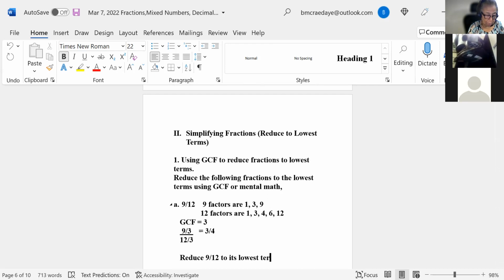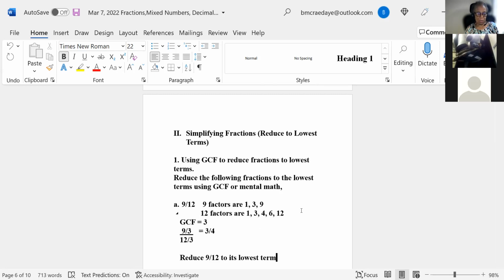Now, we could use the greatest common factor, but sometimes you don't really have to do that. I illustrated here that you could come up with 3 as your greatest common factor, in common with the 9 and 12, and you get 3/4. But sometimes you know the factors without doing that. So how would you reduce 9/12?